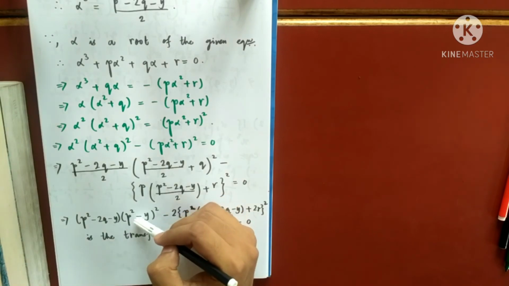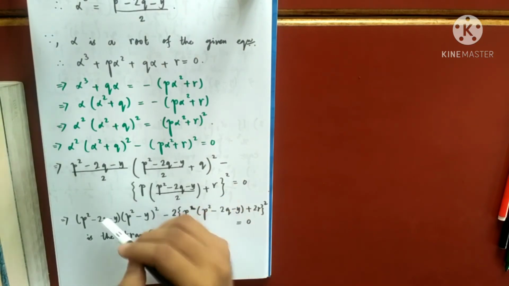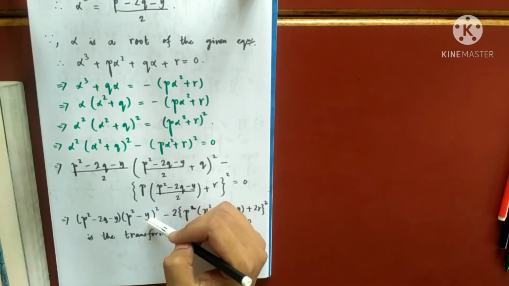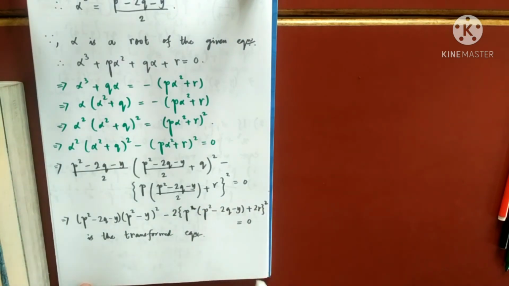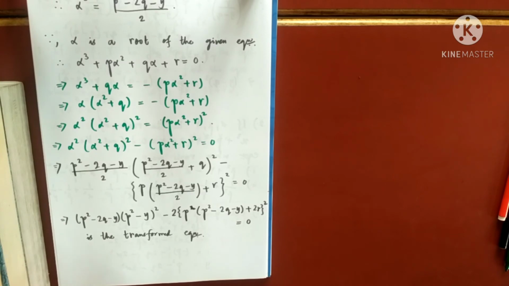Because if I open this bracket, it is y square and here is y, so y into y square is y cube, and no term is greater than y cube. That means I do not have any term whose degree is more than 3. Okay, as you can check. So this is the transform equation whose roots are beta square plus gamma square minus alpha square and so on.